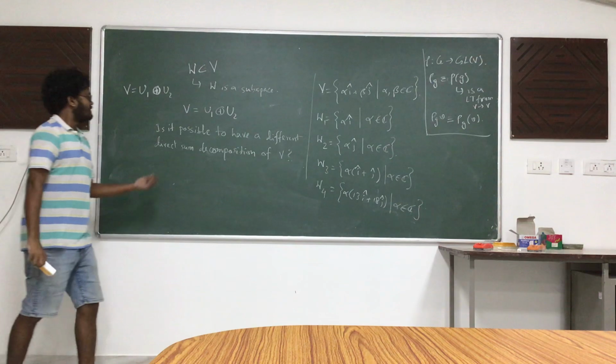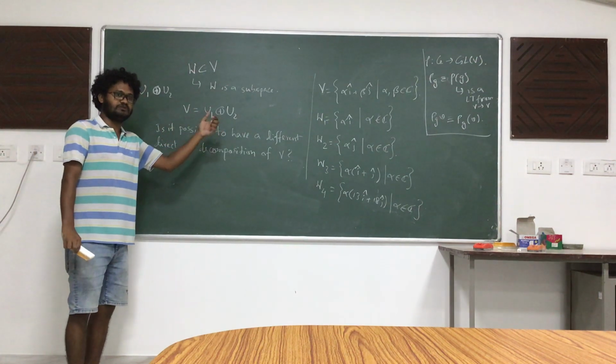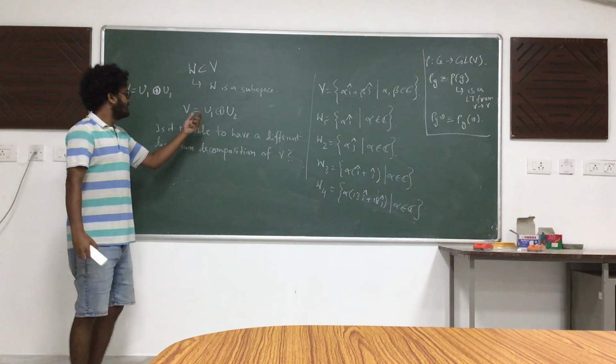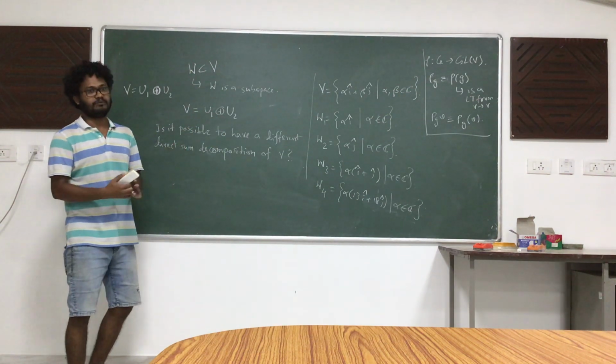That means, can you divide V into some other two subspaces, so that they are the direct sum decomposition of V?